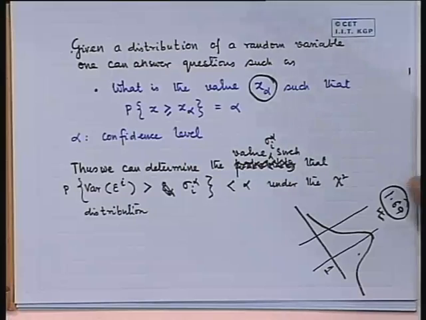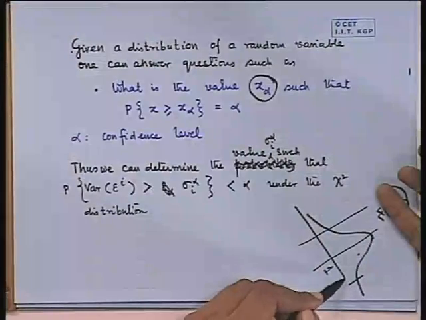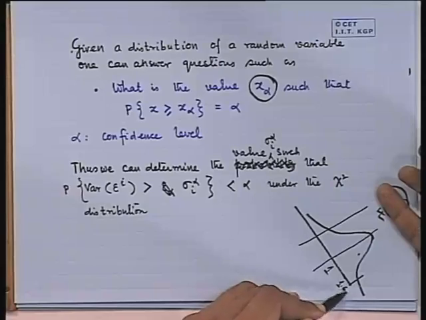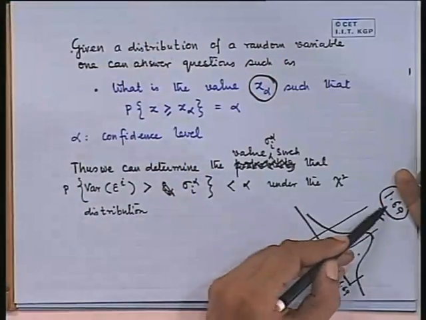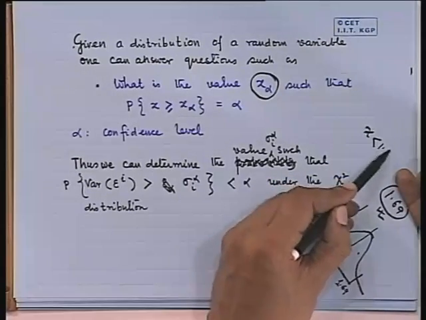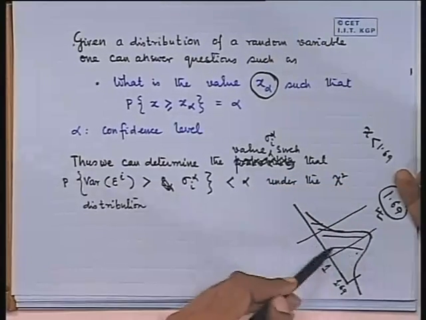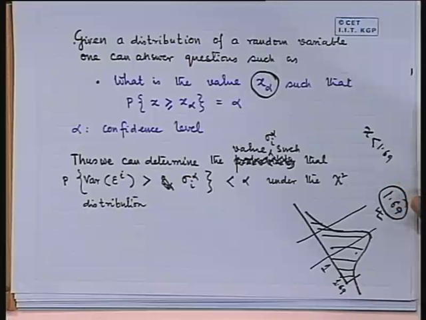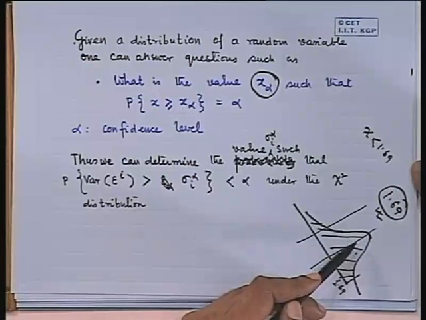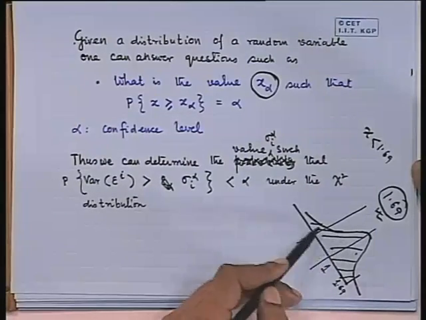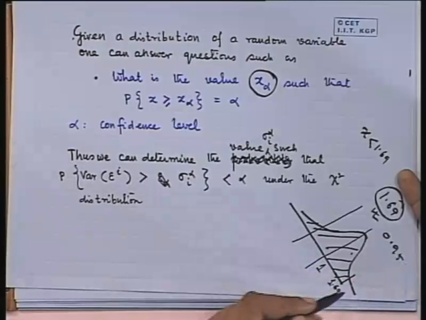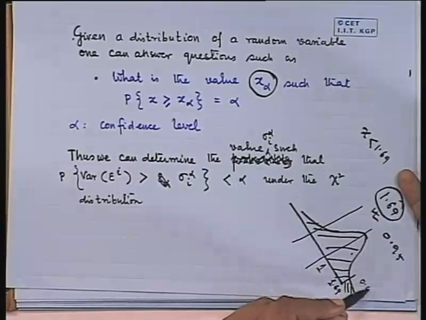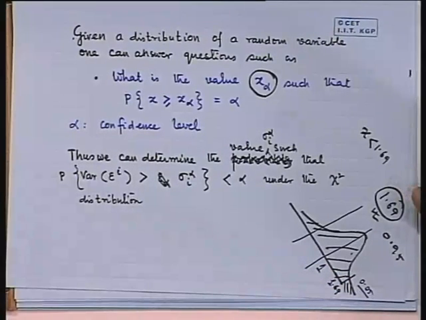Then you will have to find out that, see, if this is 1.69, then if you draw something from the distribution, the probability that x will be less than or equal to 1.69 is the area under this curve. This is the density curve. So for a distribution curve, the probability that x is less than or equal to 1.69 is the area under this curve. If the area under this curve becomes 0.95, that means the area under this is 0.05, right?